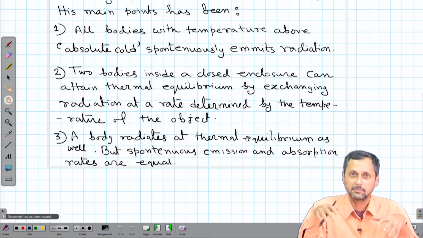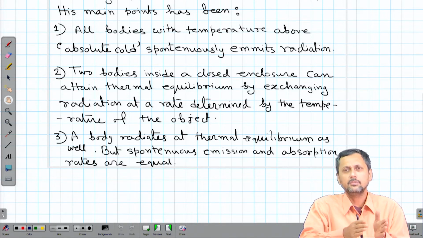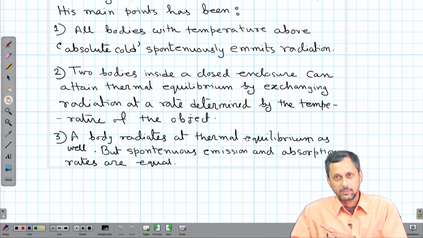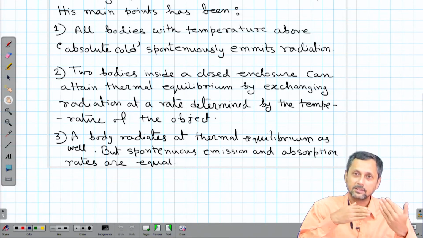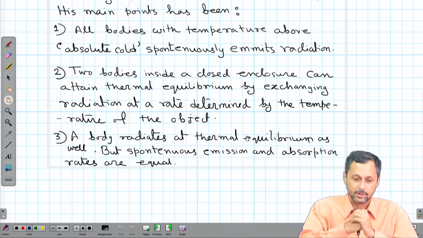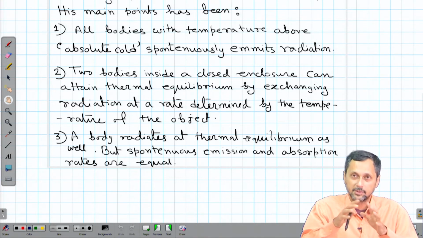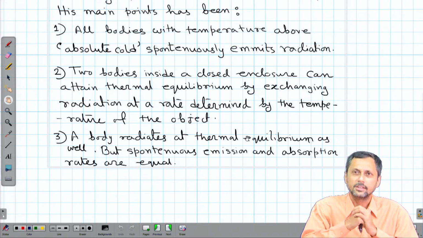If there is a closed chamber with two objects of different temperature placed side by side, and the chamber is evacuated, even then, if we give it long enough time, these two objects will reach thermal equilibrium just by exchange of radiation between them. A body radiates at thermal equilibrium as well. So even after a body reaches thermal equilibrium inside an enclosure with a few objects, if we wait long enough, according to Prevost's theory, they will reach thermal equilibrium.